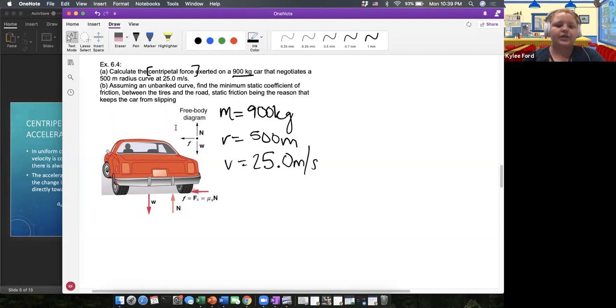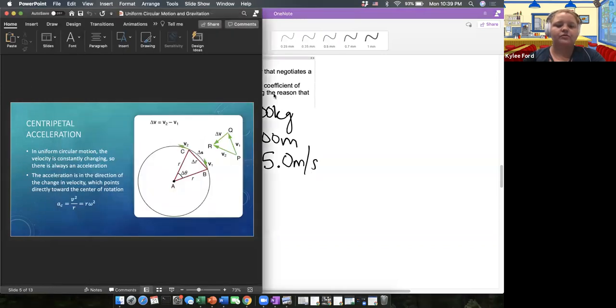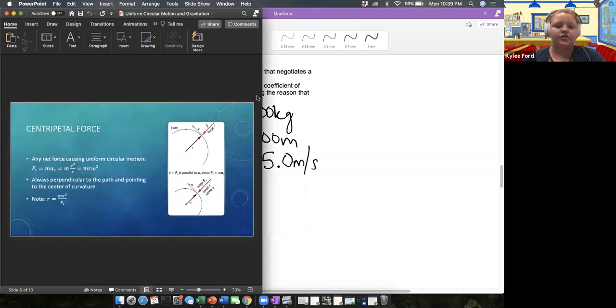So again, we're trying to find the centripetal force.